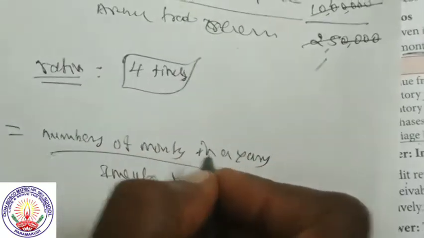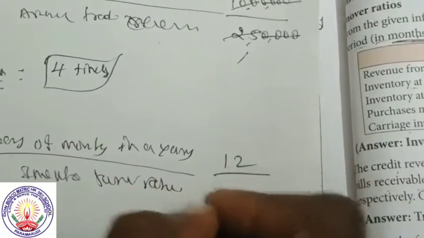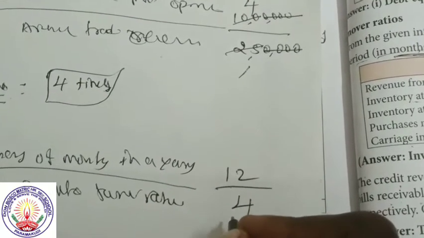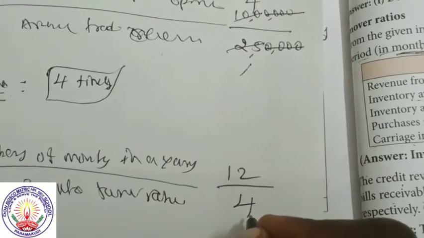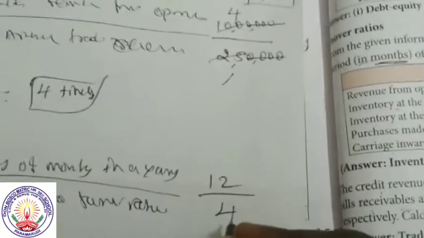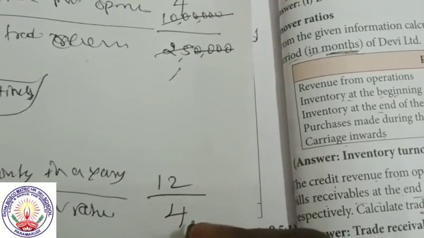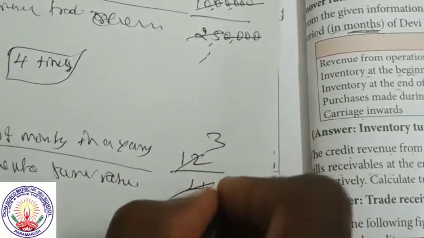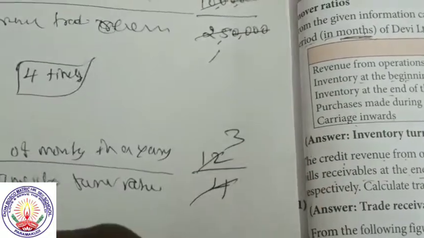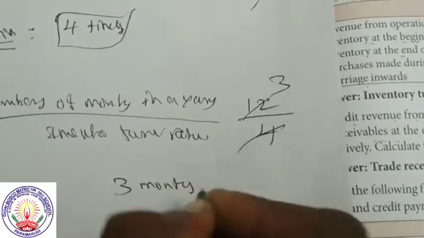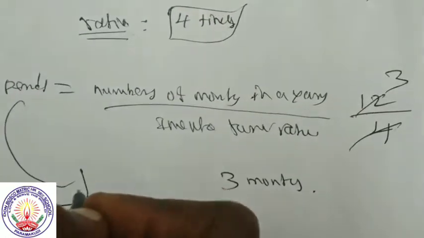Number of months in the year is 12. Turnover ratio is 4. Now 12 divided by 4 is 3 months. This is the conversion period.